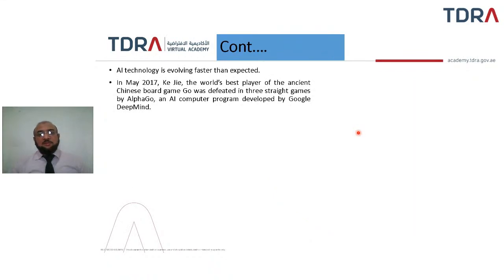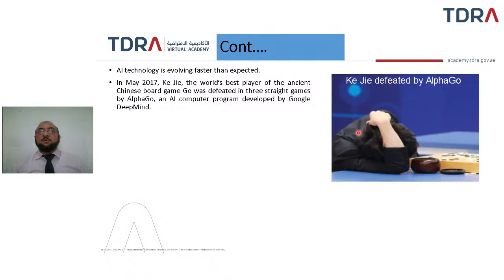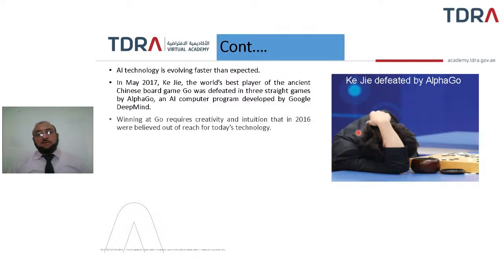As we know, technology is continuously evolving. In 2017, Ke Jie, the world's best player of the ancient Chinese board game Go, was defeated in three games by AlphaGo, an AI computer program developed by Google, called Google DeepMind. In 2016, it was expected that this could not be possible.